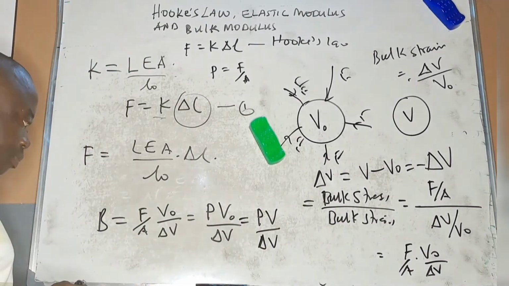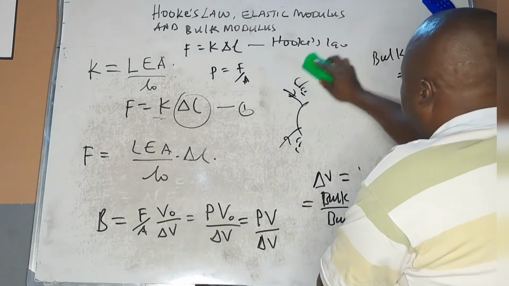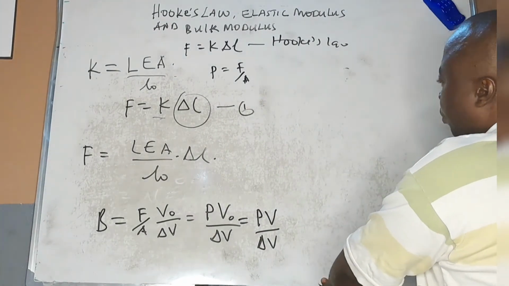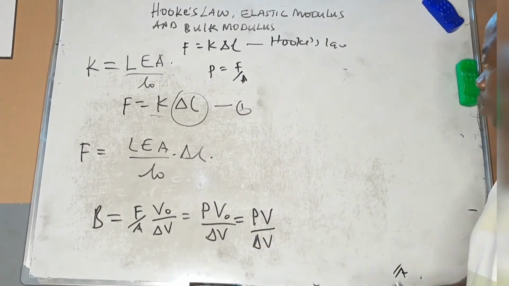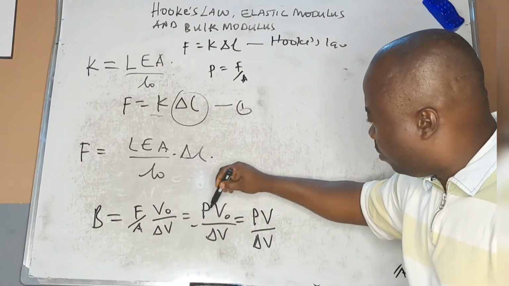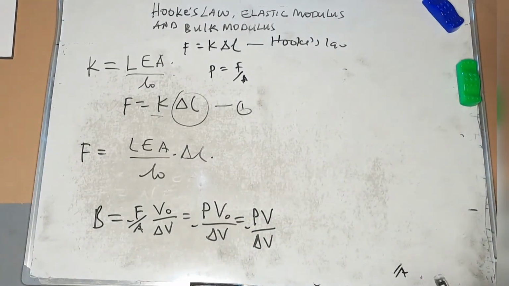Now, this is what we call bulk modulus. It's minus, because initial volume is greater than final volume.